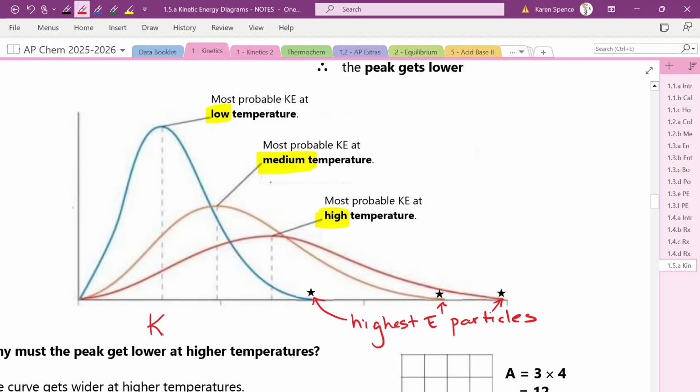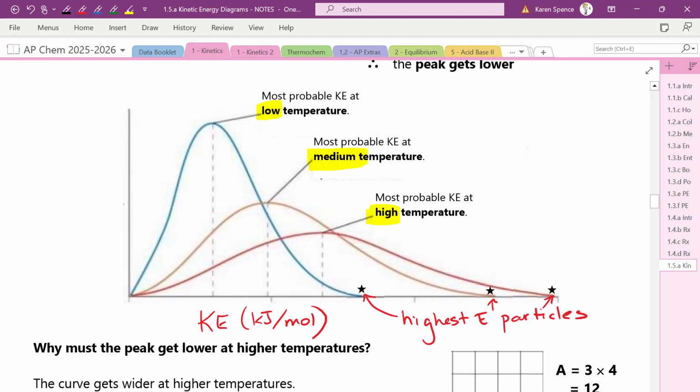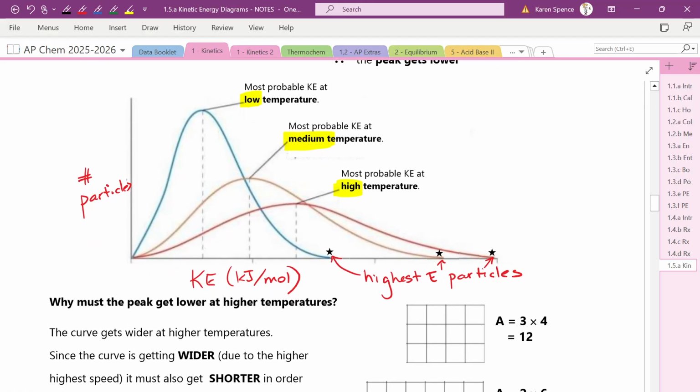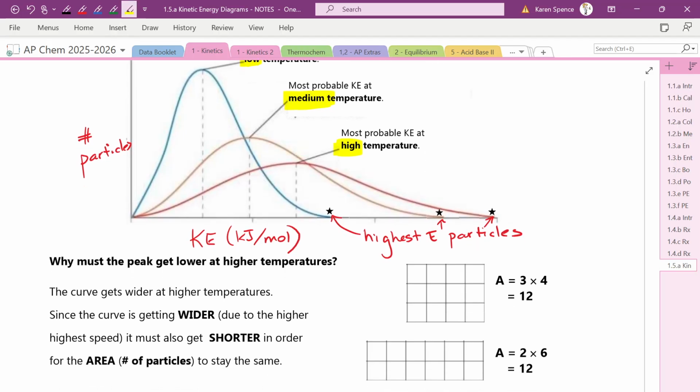Kinetic energy. And what's on our y-axis? Number of particles. The curve gets wider at a higher temperature because the area has to remain the same, because the area is the number of particles.